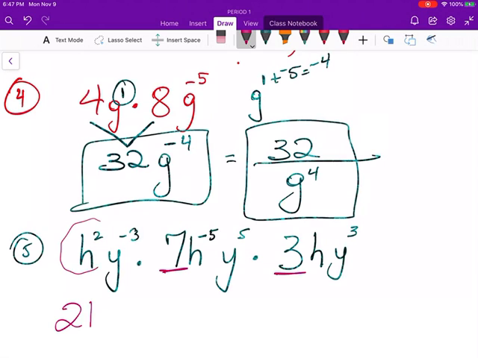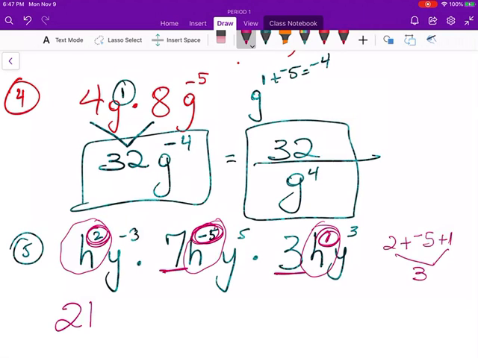Then you're going to do the h to the second power, h to the negative 5, and h to the first power. So we have 2 plus negative 5 plus 1. I am adding my powers for my h's. So 2 plus 1 is 3, and 3 minus 5 is negative 2. So h to the power of negative 2.